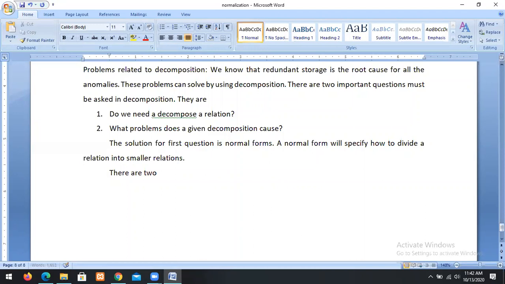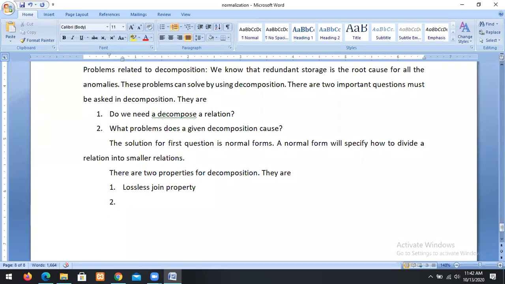There are two properties for decomposition. One is called the lossless join property.